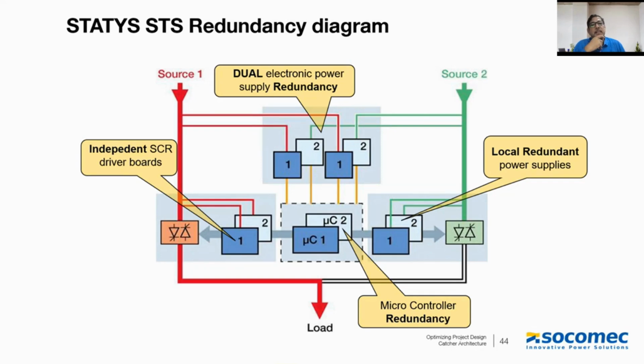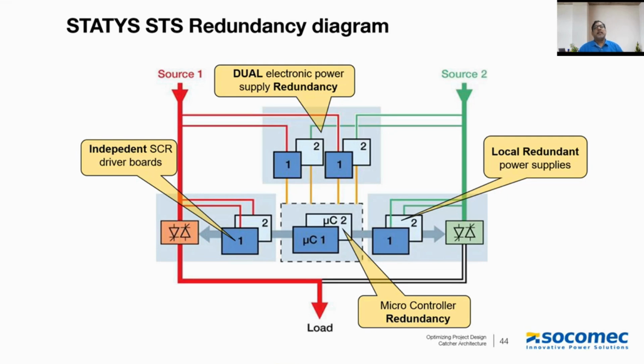Similarly, the controller boards also have to be redundant within the STS for operations of the static switch, and the respective driver boards and the redundant local power supplies for these driver boards, which control the switching element, that is the SCRs.